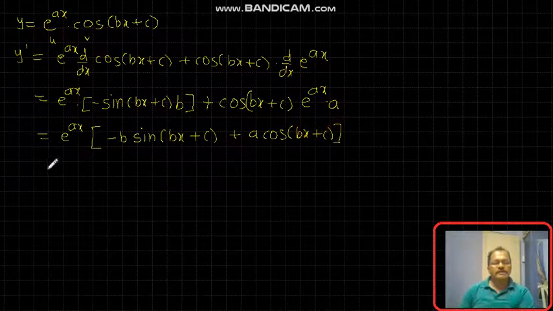I will rearrange the terms and I will multiply and divide by square root of a square plus b square.